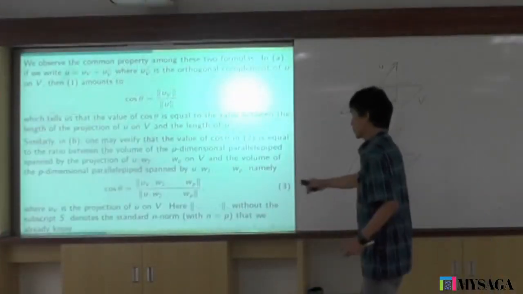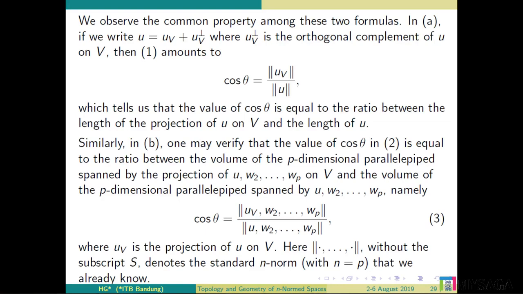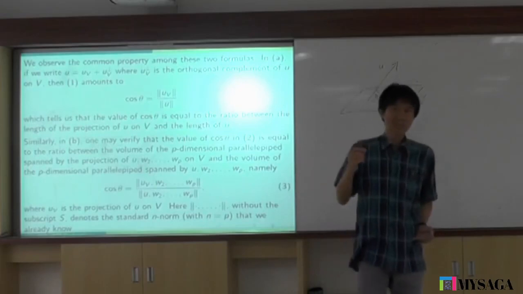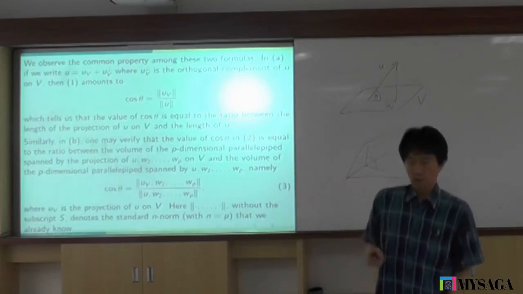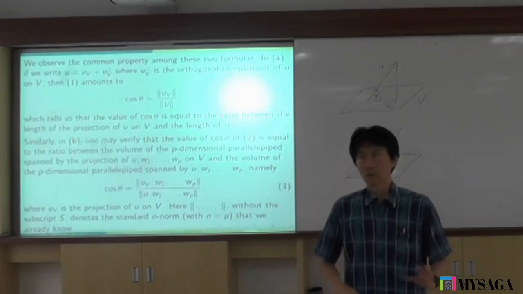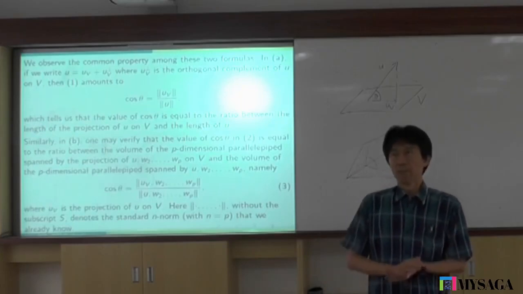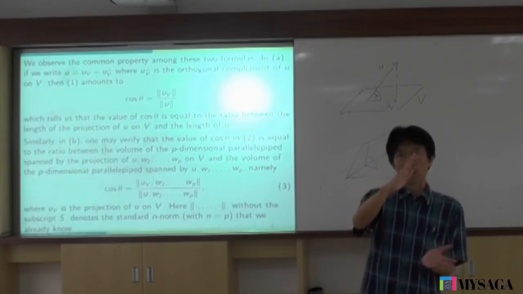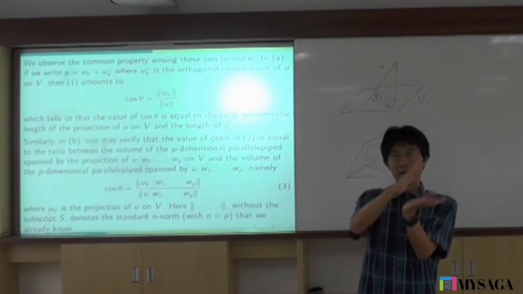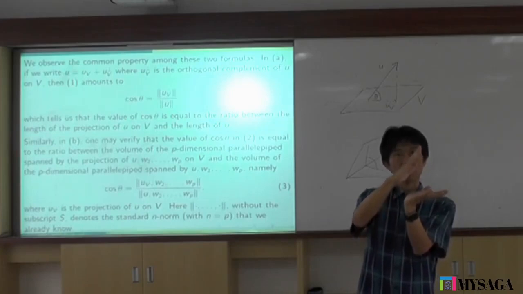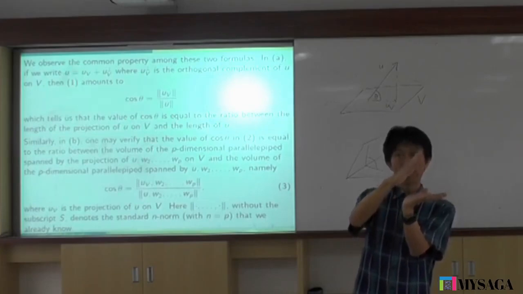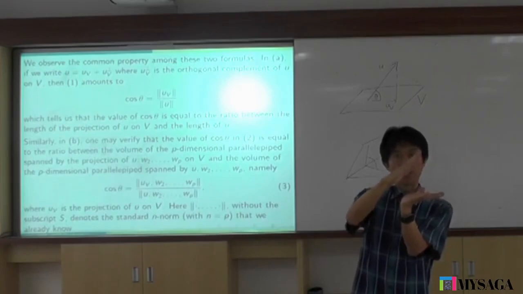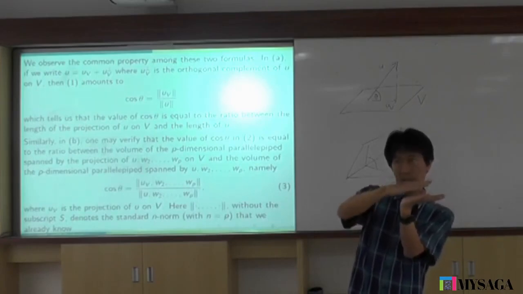And that's also true for the second case. So this is the key idea to compute the angle between a subspace and another subspace of maybe larger dimension. You need to know the shadow, or the projected.